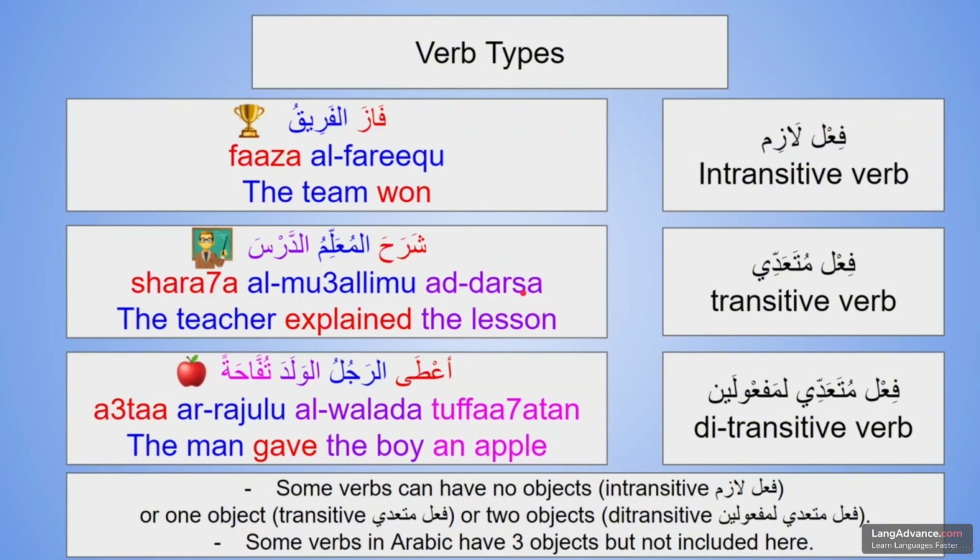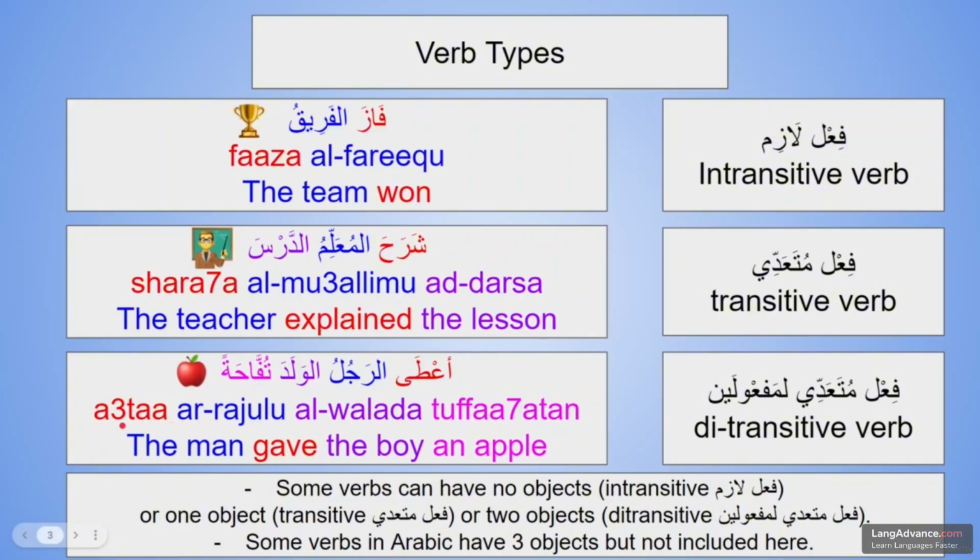And then we have another special type of verbs, which is the ditransitive verb, a verb with two objects. We can find an obvious example here in the verb give, because you give someone something. So the man gave the boy an apple, so it will be أعطى الرجل الولد تفاحة.